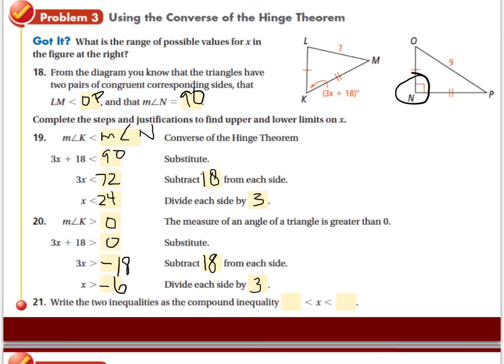Now I write the inequalities as a compound inequality, putting them together: negative 6 is less than x, which is less than 24. So the value of x can be between negative 6 and 24. Sorry about that, senior moment.